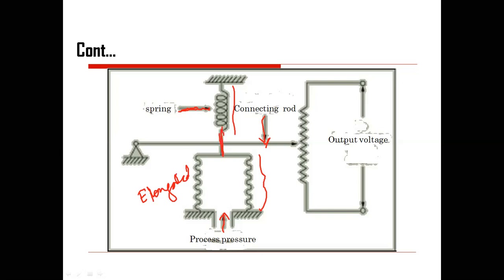When this spring is pushed in the upward direction, this connecting rod with a pointer, as it is connected at this particular place, will try to move either to the upward side or the downward side. And we are well aware of the concept of the potentiometer: when this connecting rod is moving across the potentiometer or rheostat, its resistance is going to vary.